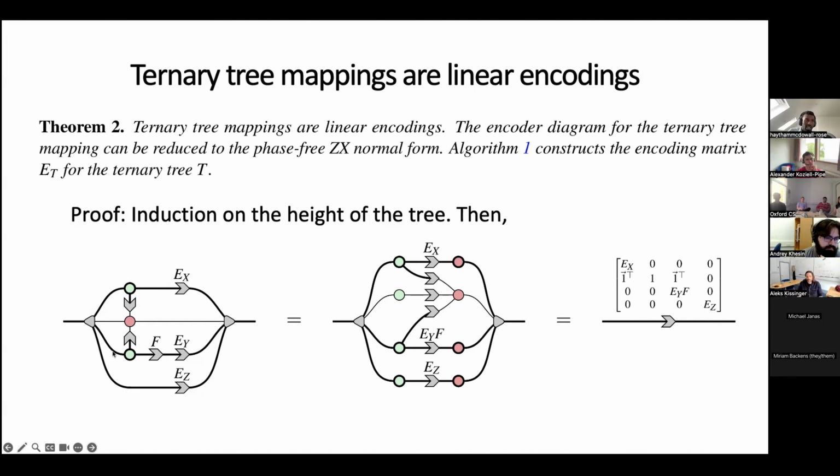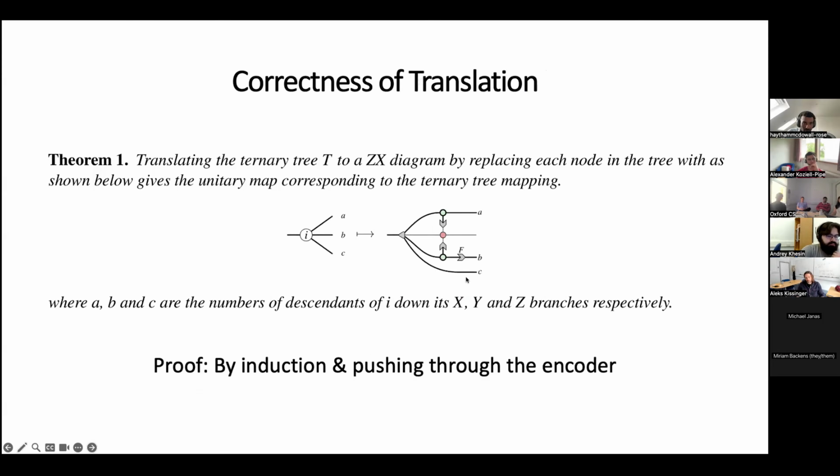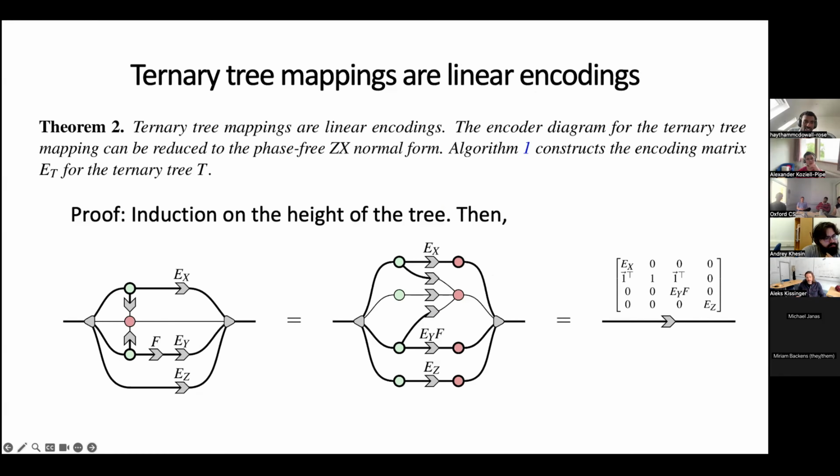So if you look at this ZX tree here, let's say EX, EY, and EZ are the encoders for the subtrees. We can throw all of this together and get a matrix out of it.